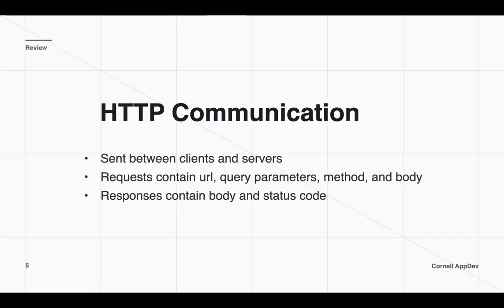So now let's go back into some review. HTTP communication: we send HTTP requests between clients and servers, and clients send requests that contain a URL, query parameters, method, and body. Think of a POST request sending a transaction body, or when you want to get a specific user, you put the user ID in the query parameter and the URL to get user one.